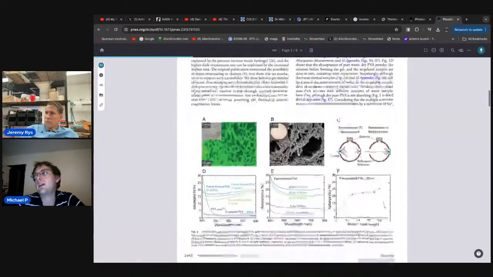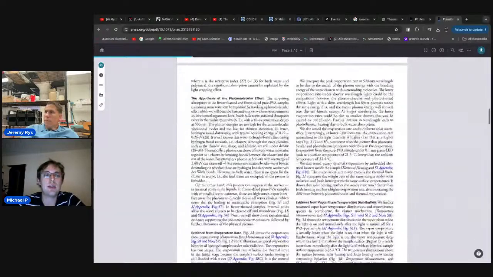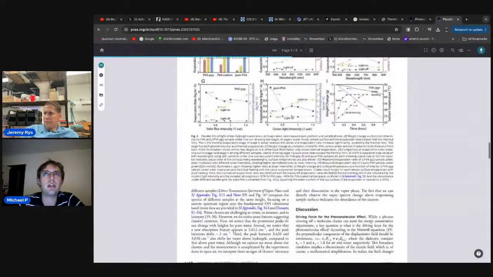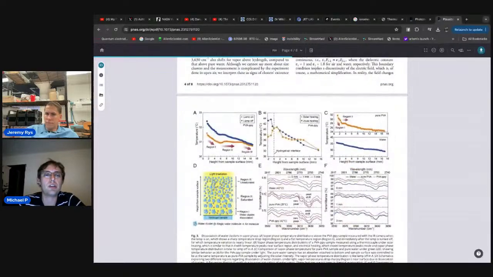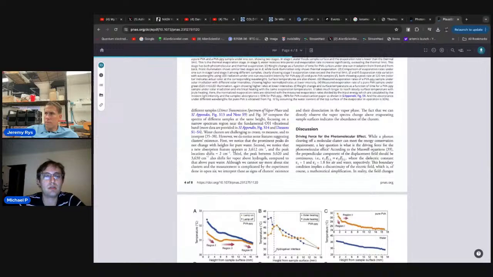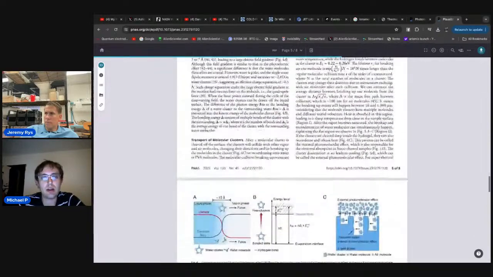So let's say you have a UV light and otherwise it's completely dark. You turn on your UV light and you turn off your UV light, and your water evaporation rate will change measurably. That's the idea here.